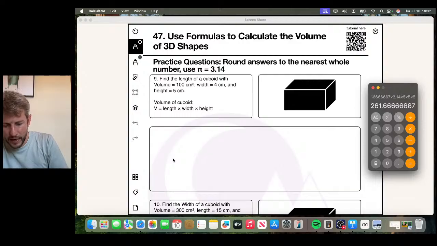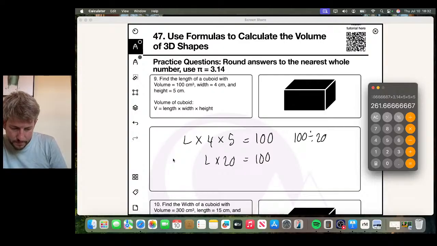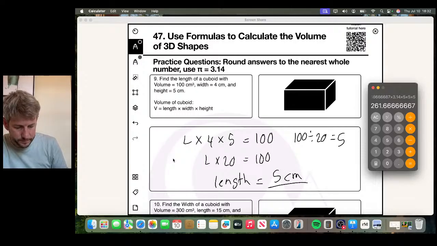So we know that length times width times height equals 100. Okay, so 4 times 5 is 20. So length times 20 equals 100. So we've got to think what times 20 equals 100. So we just do 100 divided by 20. That will give us 5. So the length will equal 5 centimeters.